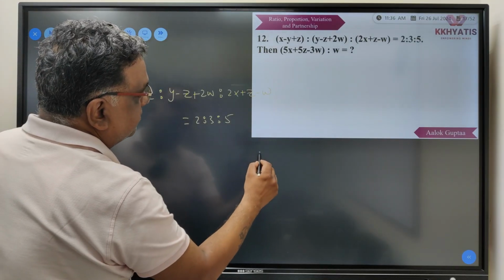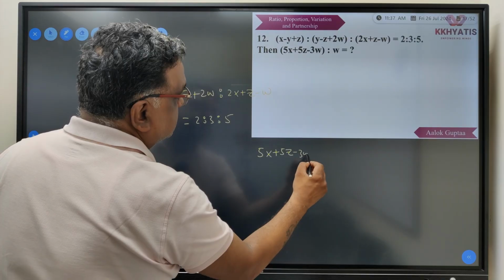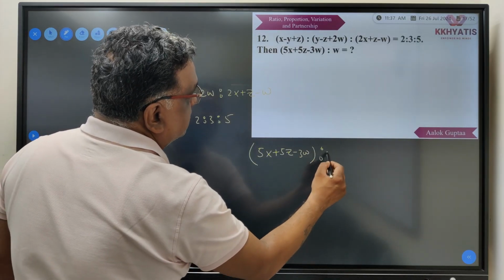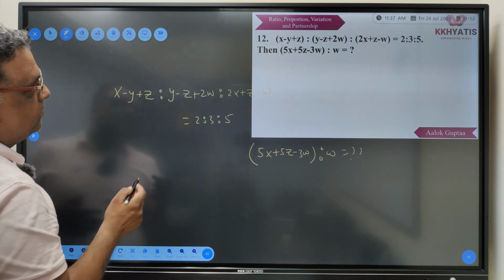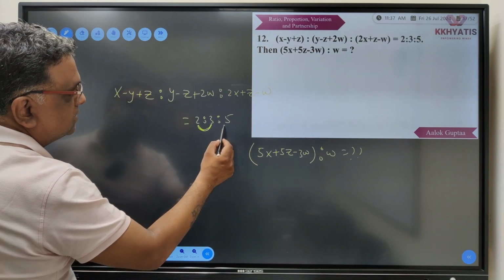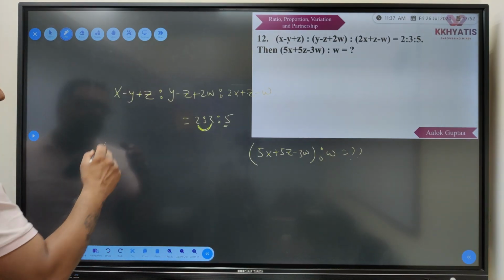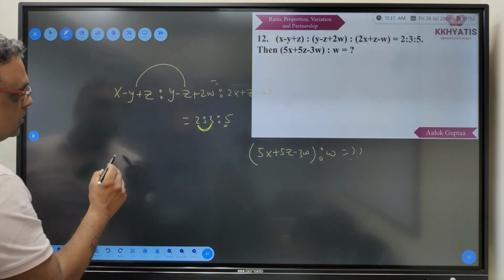So we have to find the ratio of 5x plus 5z minus 3w with w, correct? So again, if you analyze this ratio, the addition of these two quantities is equal to the third quantity, which means the addition of these two should be equal to the third one. So I will do it.